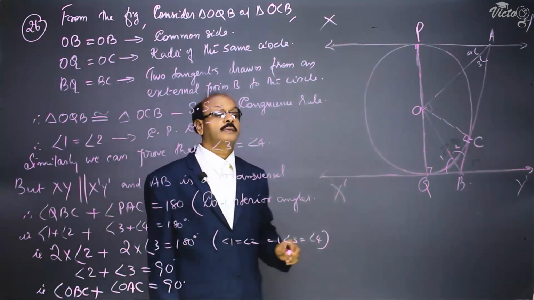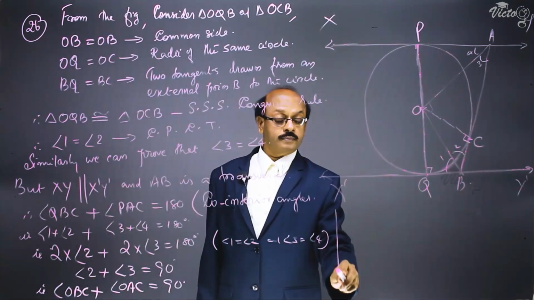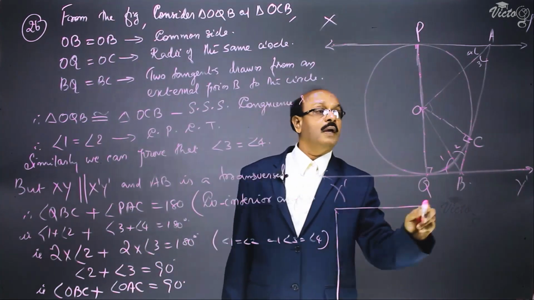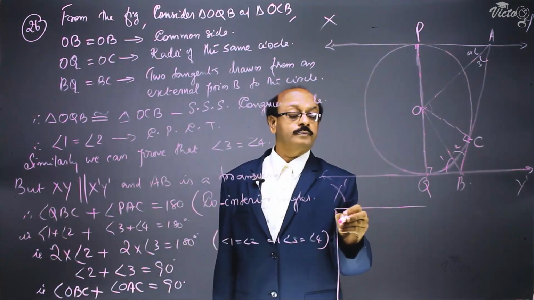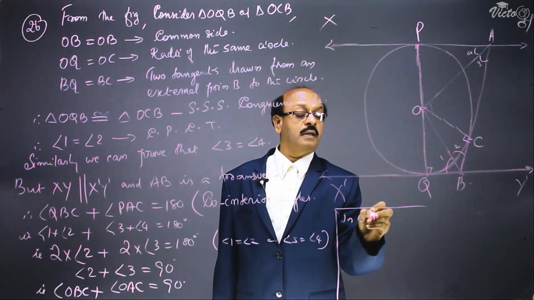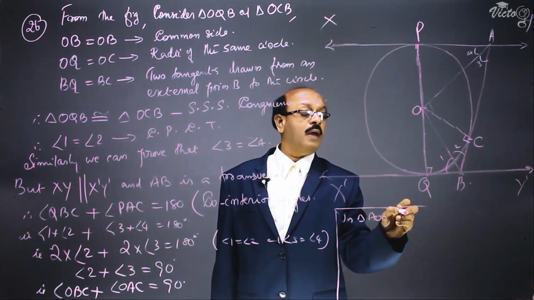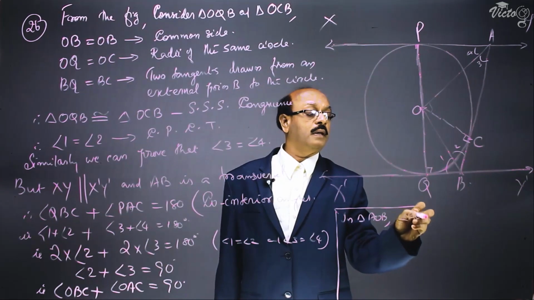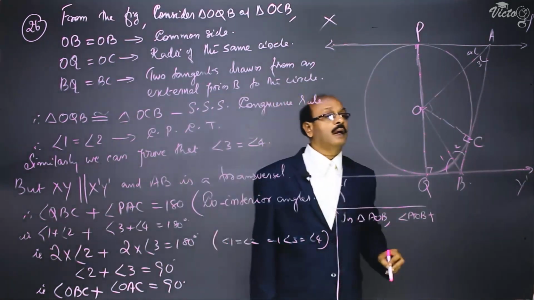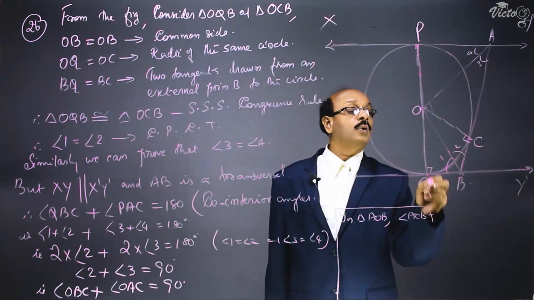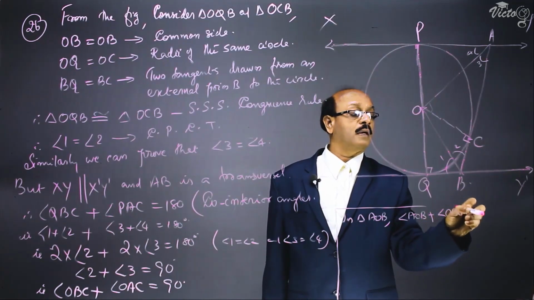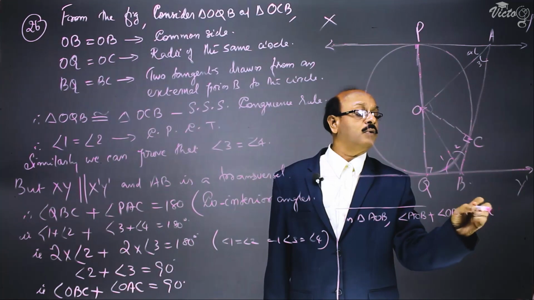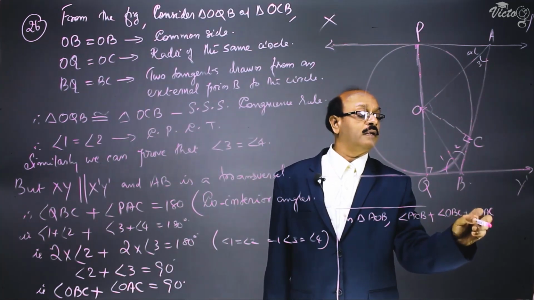But in triangle AOB, angle AOB plus angle OAC plus angle OBC is equal to 180 degrees.